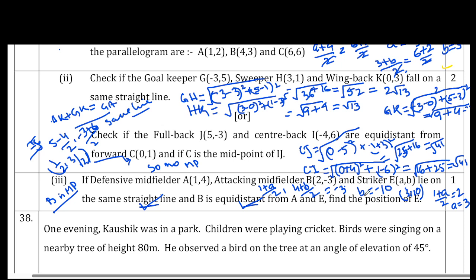So you can calculate (A plus 1) divided by 2 equal to 2 and (B plus 4) divided by 2 equal to minus 3. Here A will be 3 and similarly B will be minus 10. So A and B you can find out like this.